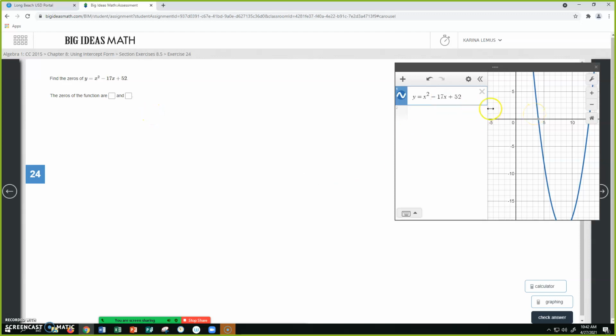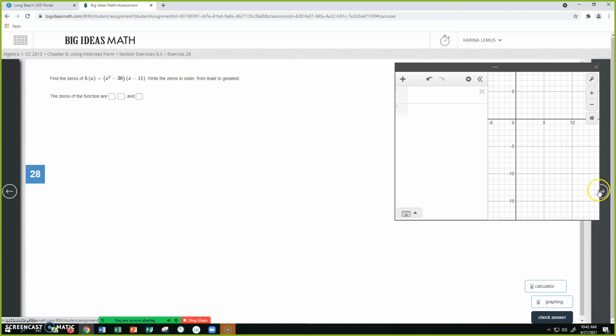You know, this is the wrong one. Okay, hold on. I was all the way at this one. Okay, let's try that again. That was just going to be a normal parabola. So h of x, this is the one I was supposed to be at. x squared minus 36. That by itself would be a parabola, but then we also have x minus 11.